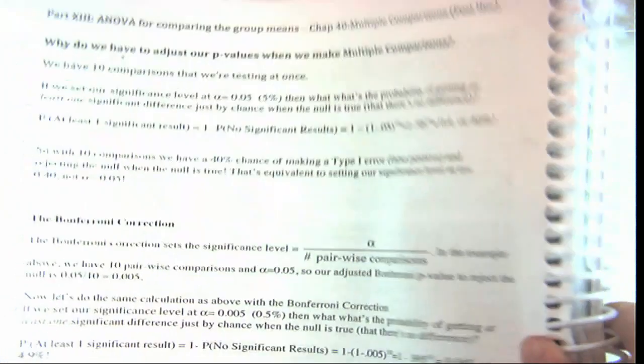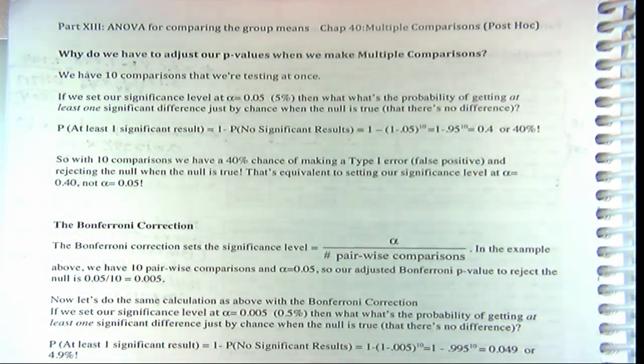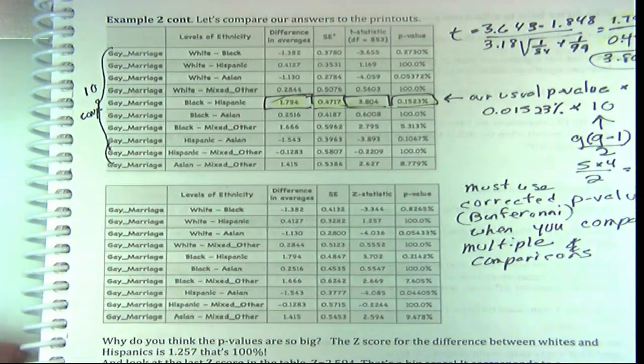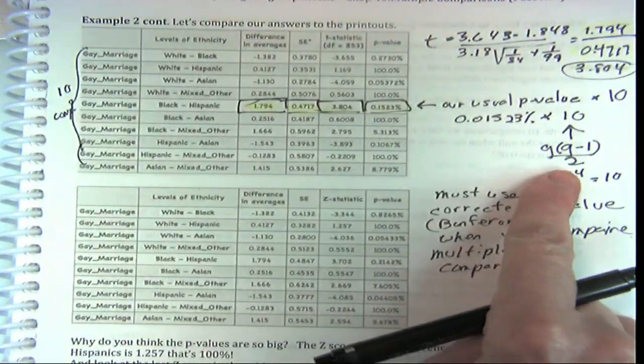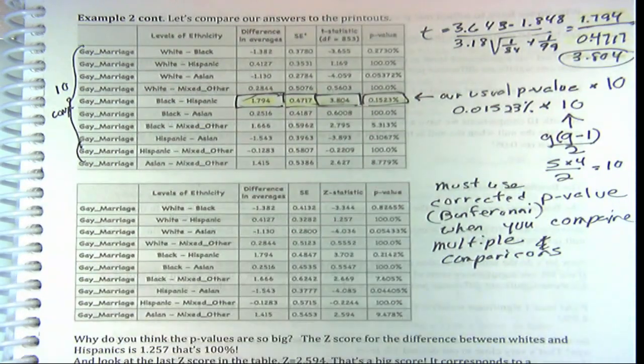Now, let's see what else before. Any questions so far? You're not going to be asked to do these calculations, but you do need to know this. So why don't we do an iClicker right now?